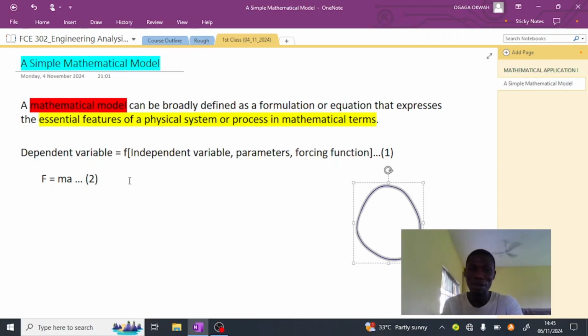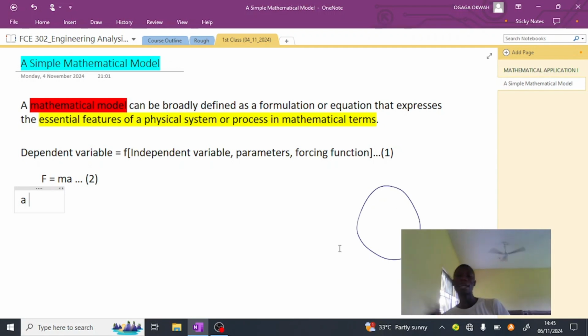You can pause the video and make a guess from our definition. Put it in the comment section. Now, the answer is acceleration. Yes, acceleration, because acceleration tells us how the system changes velocity with time.